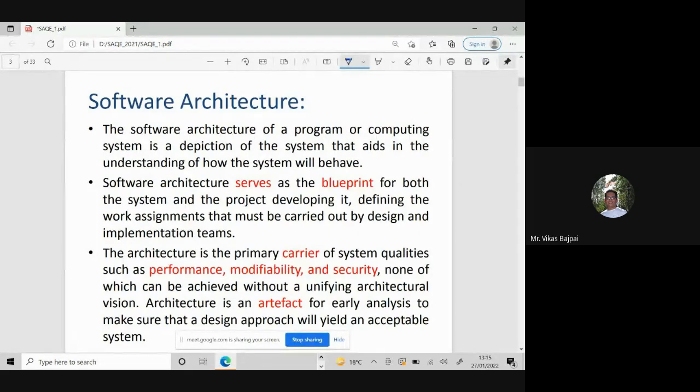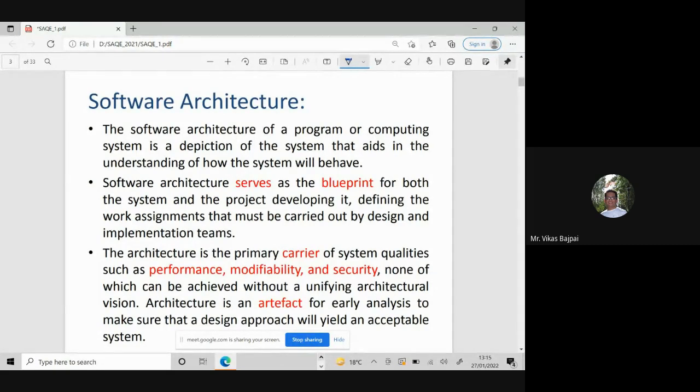So we are dealing with software architectures. Architecture can be for anything. It can be for a building, it can be, let's say, for some woodwork. So here we are dealing with software architecture. Basically we are referring to the fundamental structure of a software system, and the discipline of creating such structures and systems.